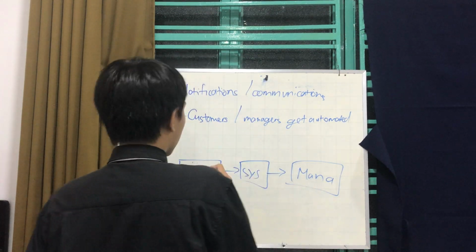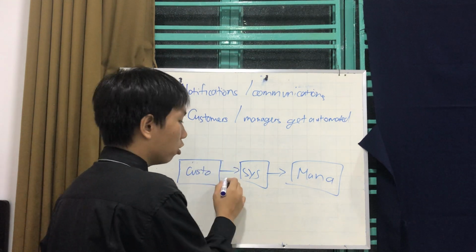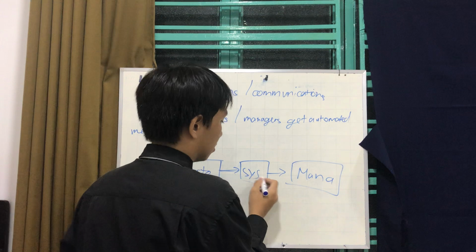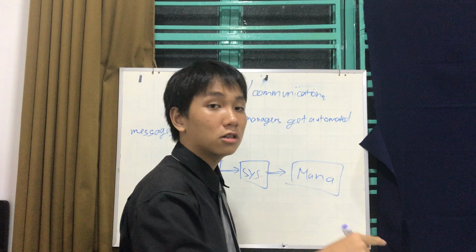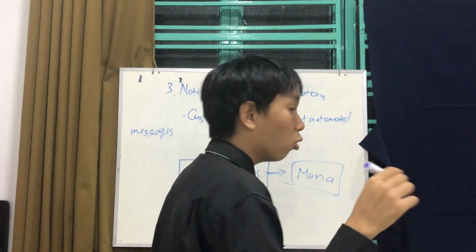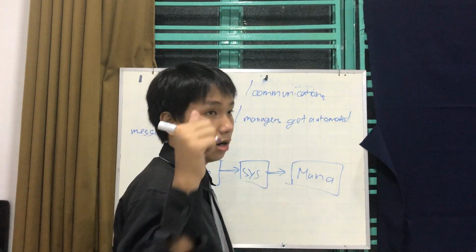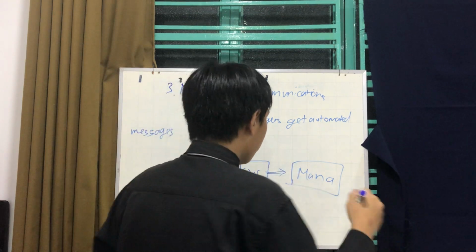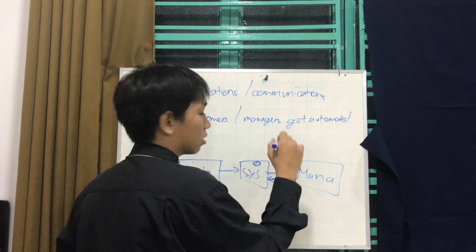And when the customer's order goes through, the system will send a notification to the manager that an order of your shop is placed, and when the manager approves that order, they send the order back to the system. The system processes the order.